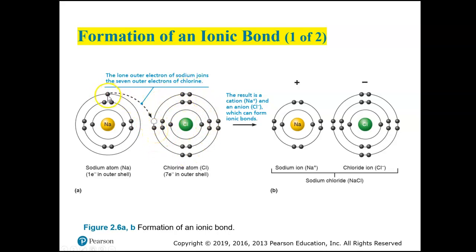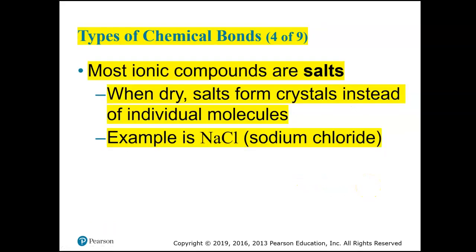So the sodium can transfer that electron to the chlorine atom, and then you will get sodium with a positive charge because it lost 1 electron, and you'll get chloride, the chloride ion, with a negative charge because it gained an electron. And because the sodium is positive and the chloride is negative, they're attracted to each other because opposite charges attract, and that attraction forms the compound sodium chloride. That is an ionic bond.